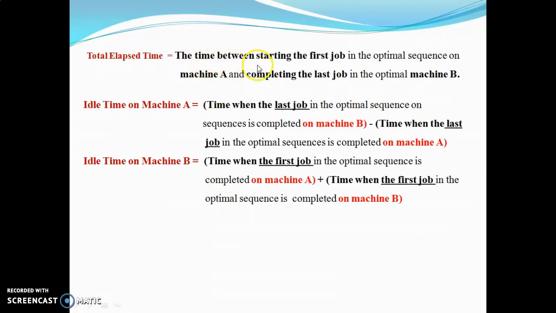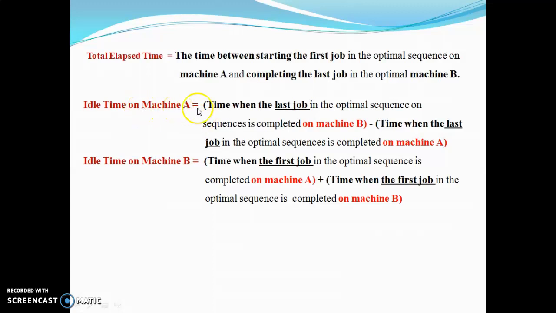It is the time between starting the first job in the optimum sequence on machine A and completing the last job on machine B. So how do we calculate the idle time on machines A and B?